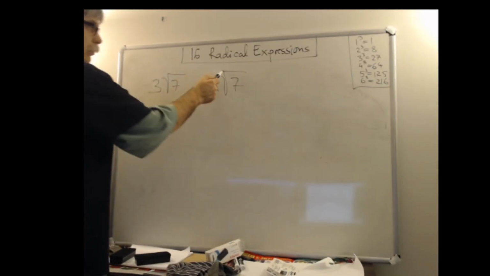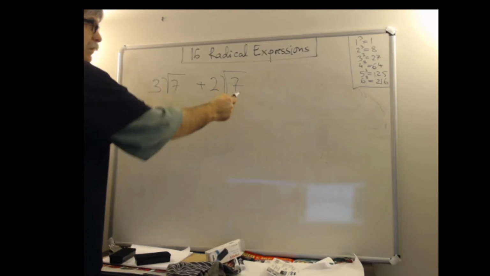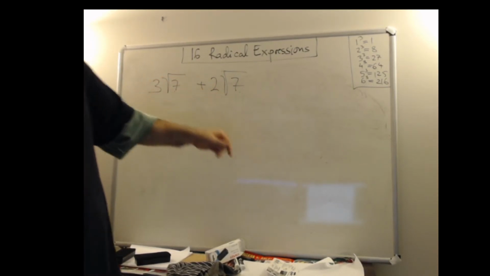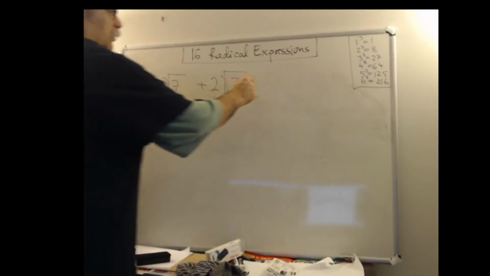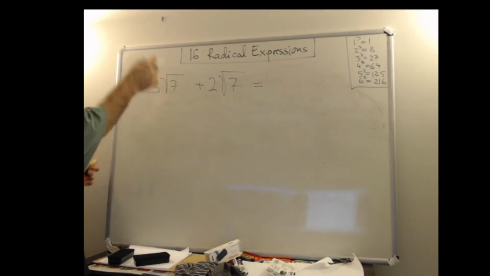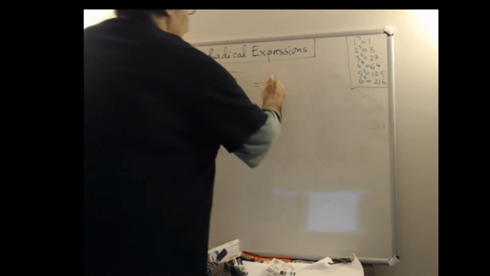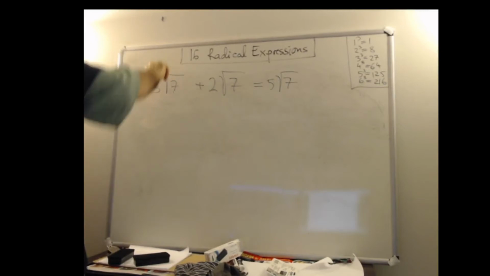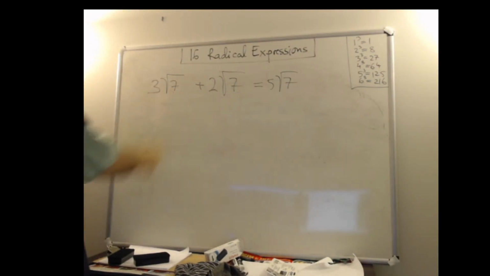2, 2, 7, 7. That can be done. So you have 3 of them and 2 of them, which means you're going to apply the distributivity. It's a fruit analogy, so you can simply use it here. 3 apples plus 2 apples is 5 apples. That's the distributivity. This is a common factor, radical 7. You can extract it and you add 3 plus 2.